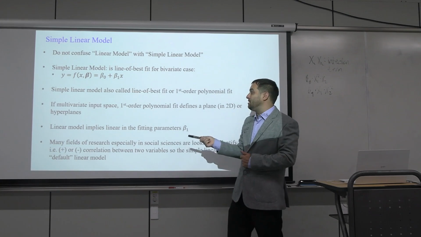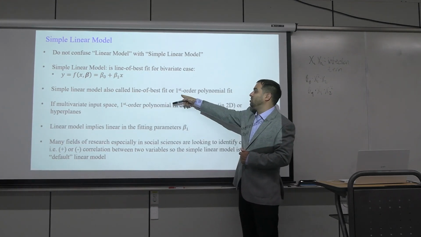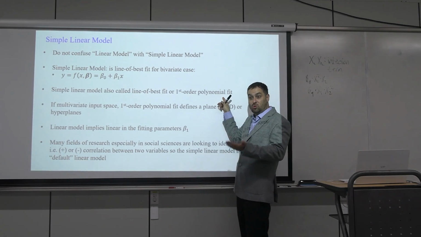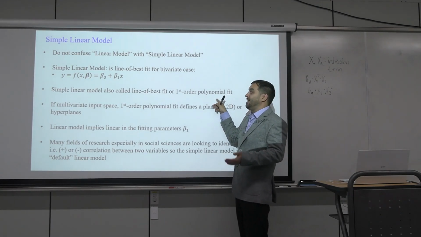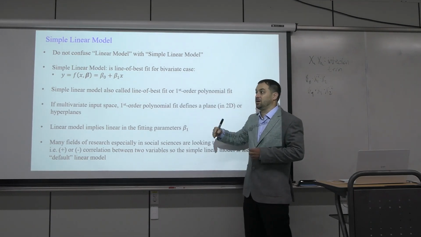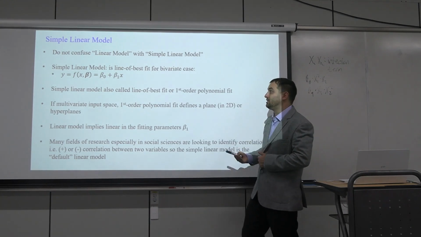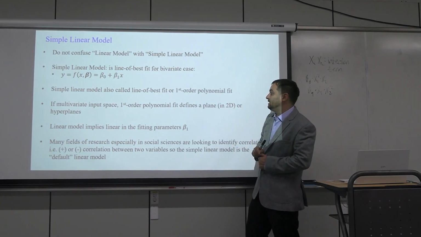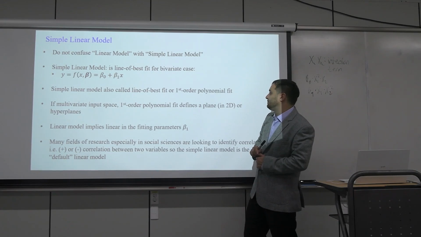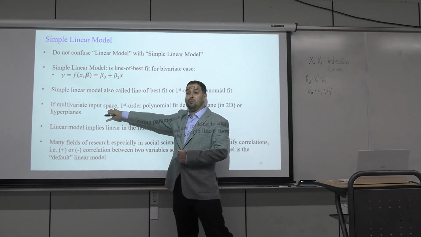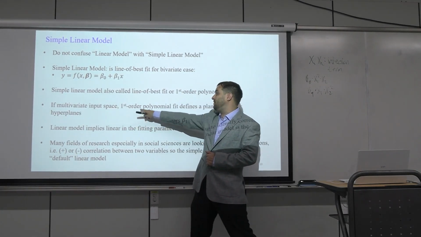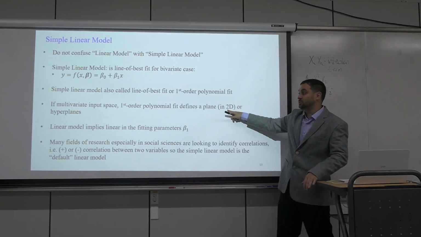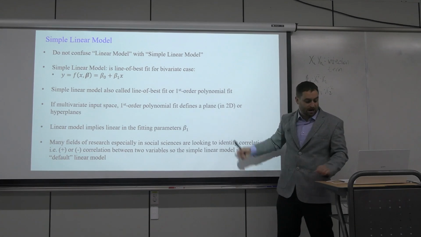The simple linear model, which is also sometimes called the line of best fit or a first order polynomial fit, is a particular linear model. It's a specific type of linear model. If you're in a multivariate input space, the first order polynomial fit defines a plane in 2 dimensions, or if there are more variables, these are hyperplanes.